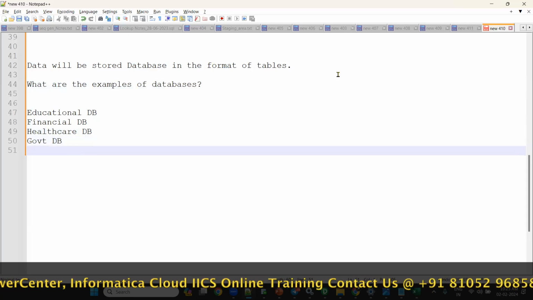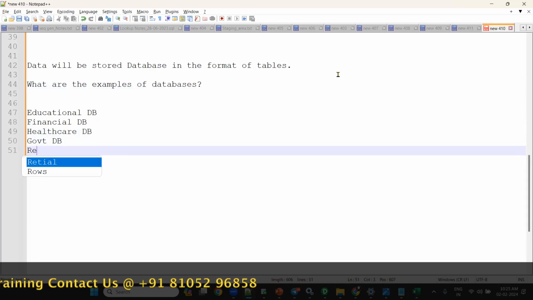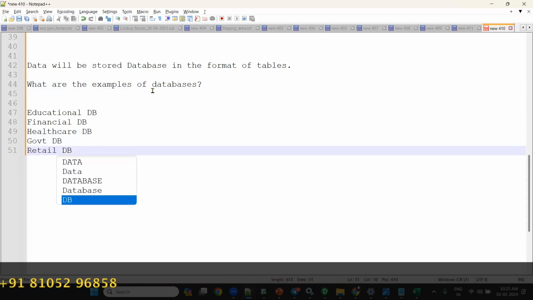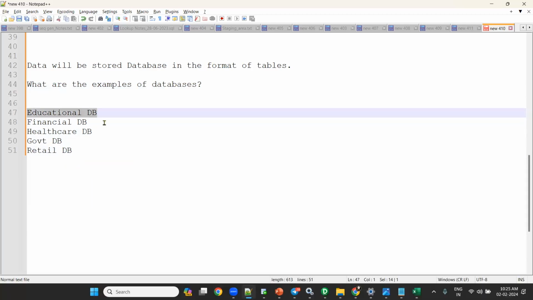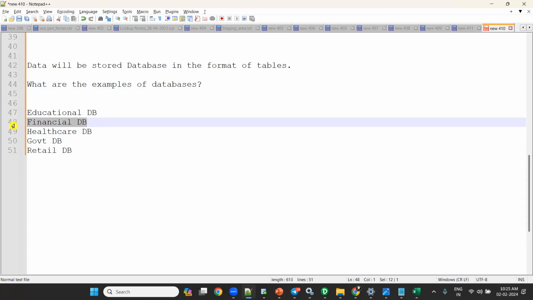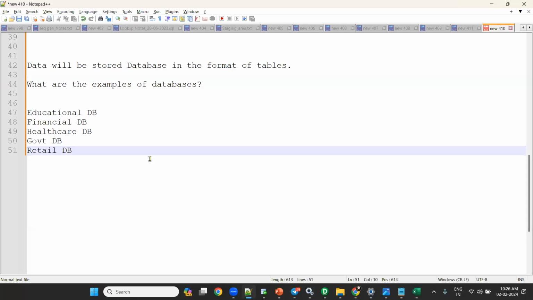Because these are all collections of tables. Retail database, a collection of tables. All the educational tables will be stored in the education database. All the financial banking data will be stored in tables in the financial database, healthcare database, government database, retail database. Understood? Did you understand what is data, what is a table, and what is a database?